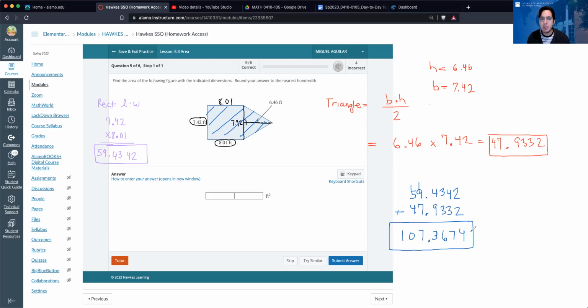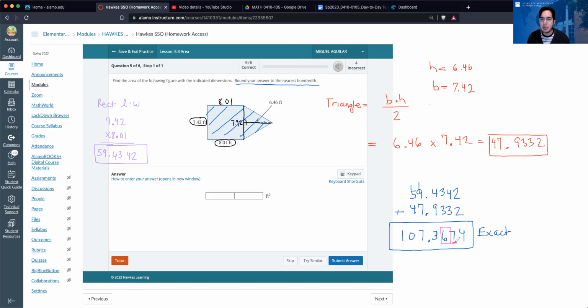Okay, but if this is exact, we need to be very careful about what this is asking of us, right? And this last sentence over here says round the answer to the nearest 100th place. Okay, so we'll go tenths. 100th place is right here, the second place value after the decimal.